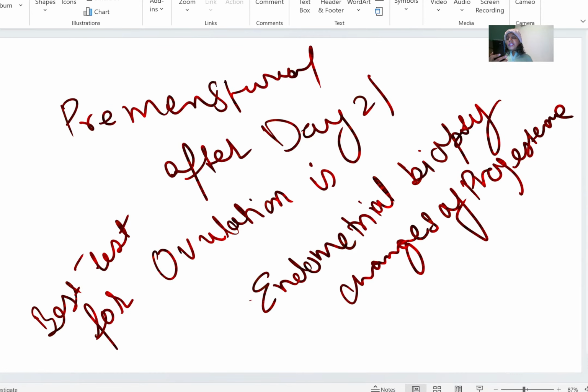In the first 14 days, we cannot check. We have to check it on day 21. So there is no alternative, right? Post-menstrual, which test is done? Pre-menstrual, which test is done?